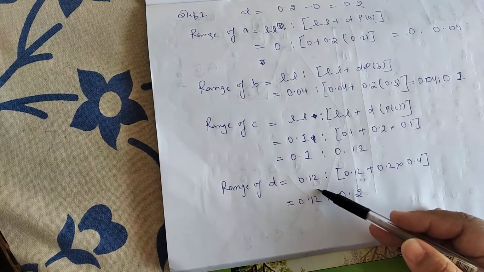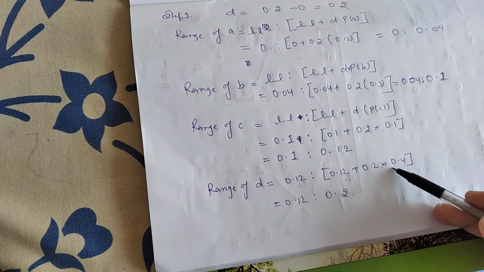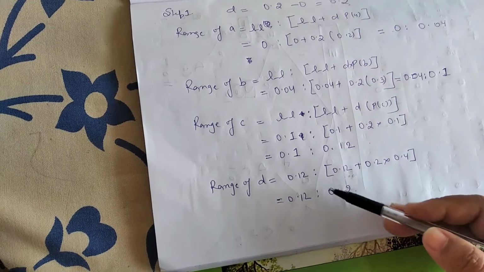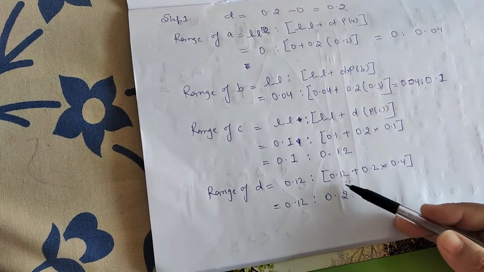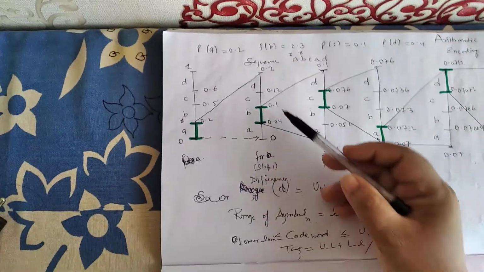Lower limit is 0.12 plus D 0.2, probability of D is 0.4. So if we calculate, we get that yes, the upper limit of the range of D will be 0.2. So here we have written it.